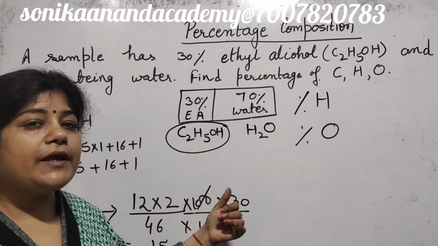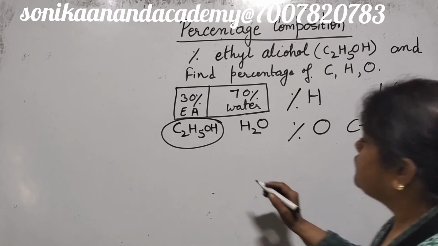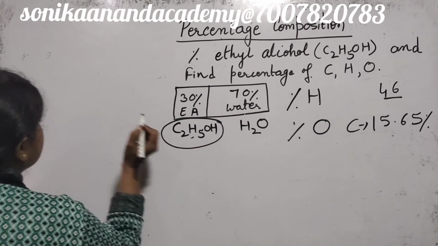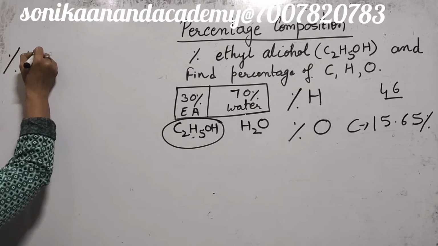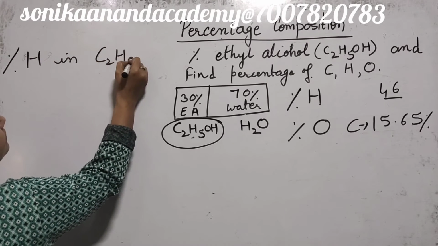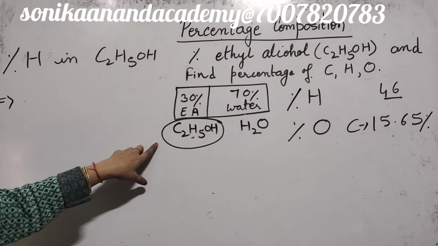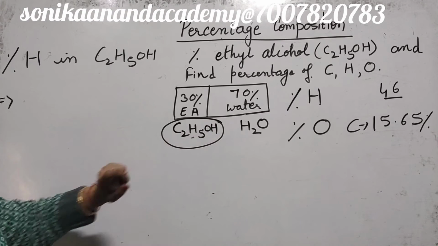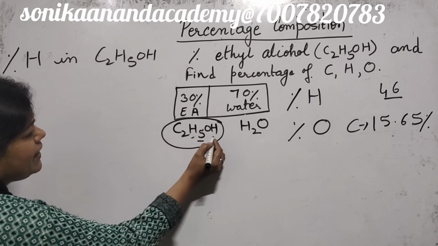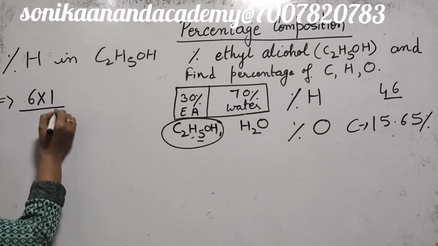Now I am going to explain how you will do that. Firstly, I am going to find the percentage of hydrogen in ethyl alcohol. Okay. Now, how many hydrogens are present? 5, 1, 6. This 5 and this is 1. 6. And atomic weight of hydrogen is 1.